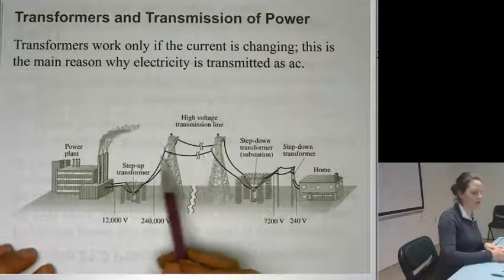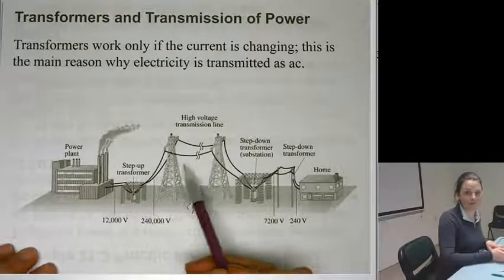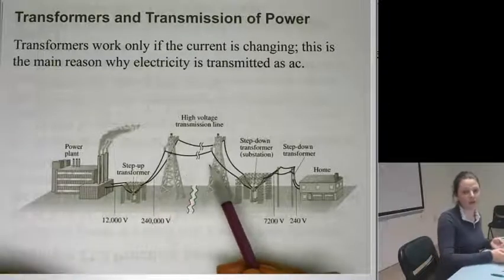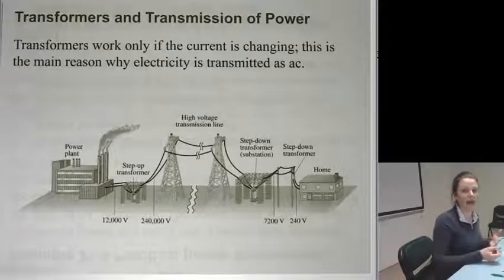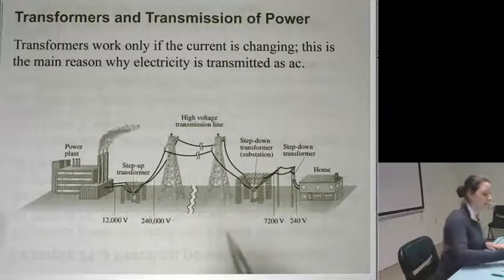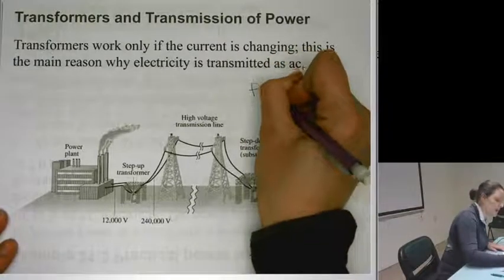So we don't want high current in our wires. Instead of having high current in our wire, we have high voltage in our wire. And let me explain what I mean by that.